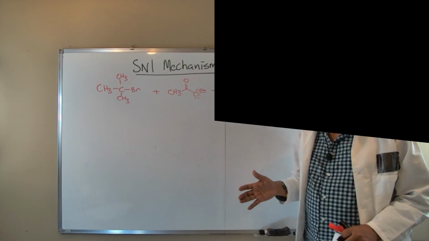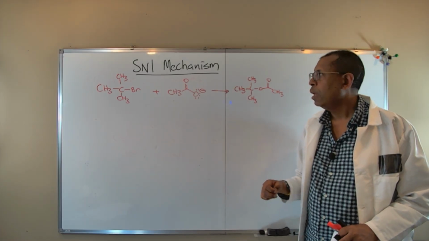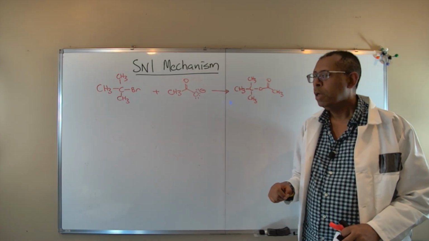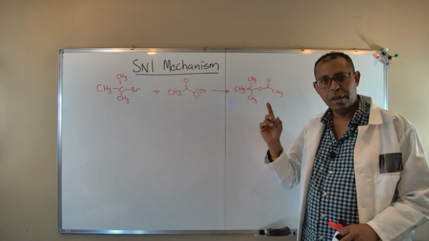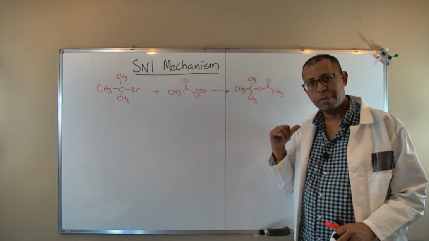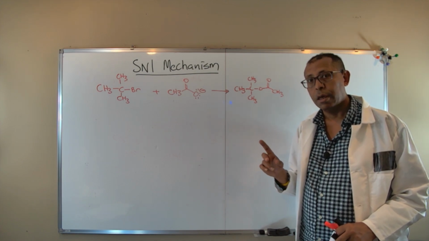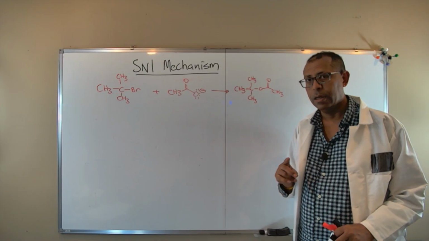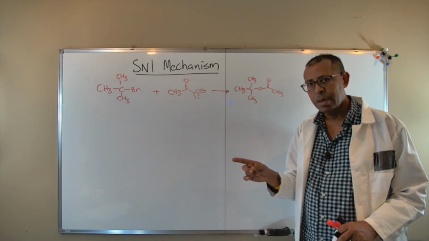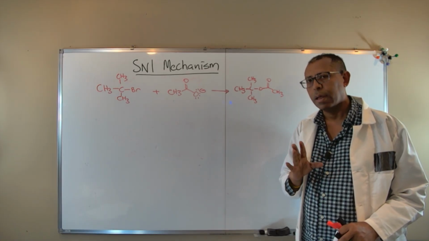Okay, so we just finished the SN2 mechanism, and now we'll be discussing the SN1 mechanism. So remember the alkyl halide we used for SN2 was, I didn't mention that, a primary alkyl halide because the carbon that contains the bromine only has one carbon.